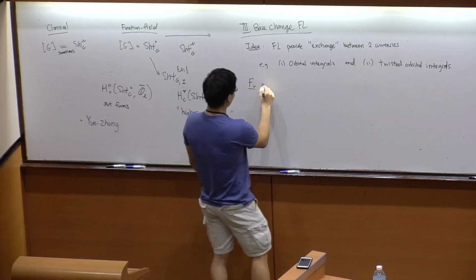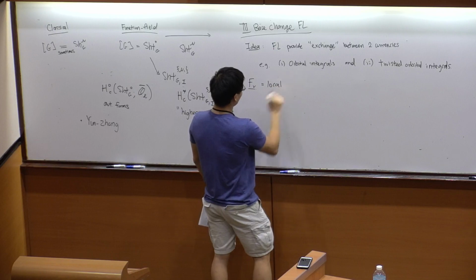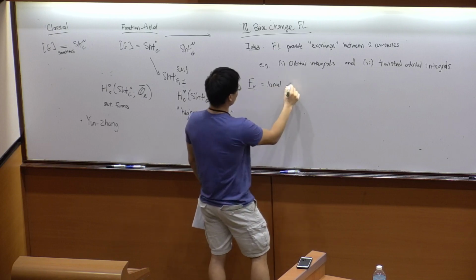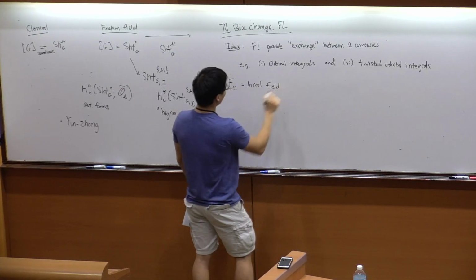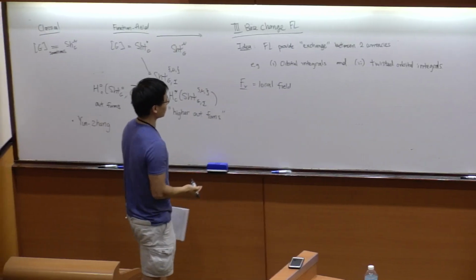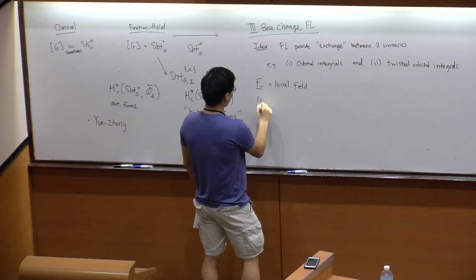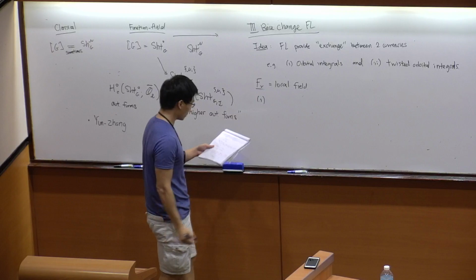So I'm going to want to consider a local field F_v. At the moment, it could be either p-adic or function field. I want to tell you quickly what an orbital integral is.